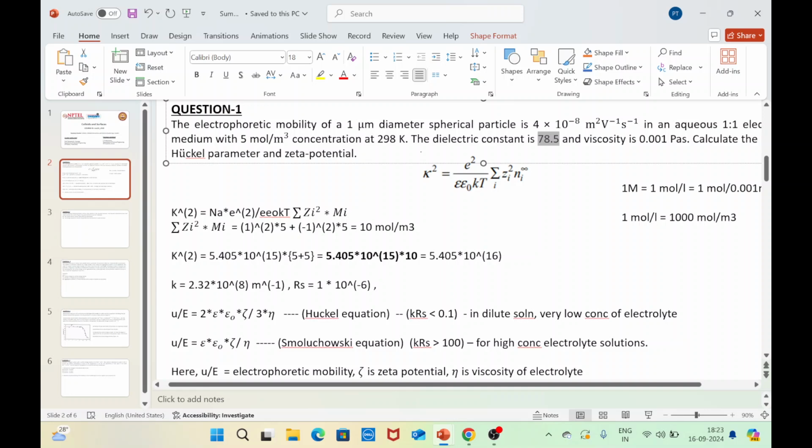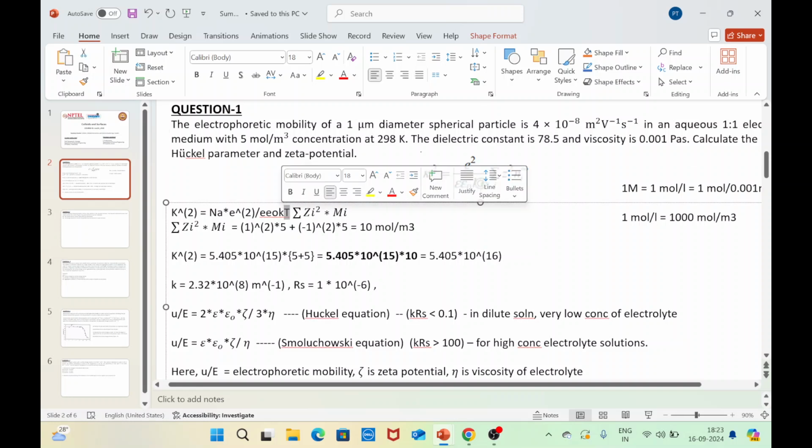But please keep in mind that you better calculate the value of this expression every single time you solve a problem, because the value of this will change based on your temperature and your epsilon, that is your dielectric constant.